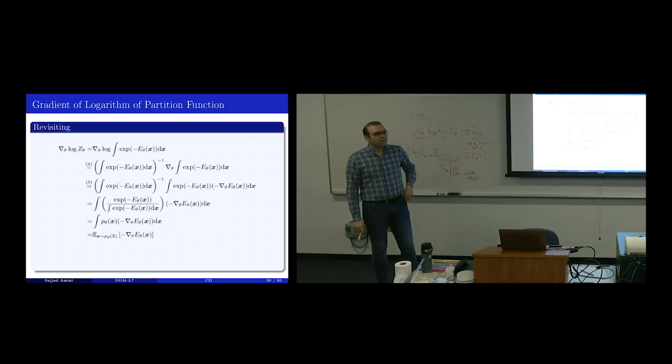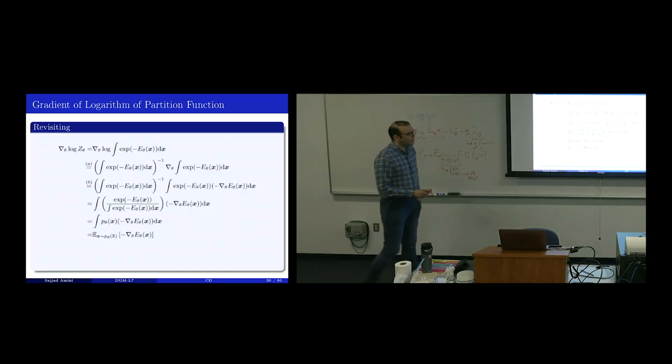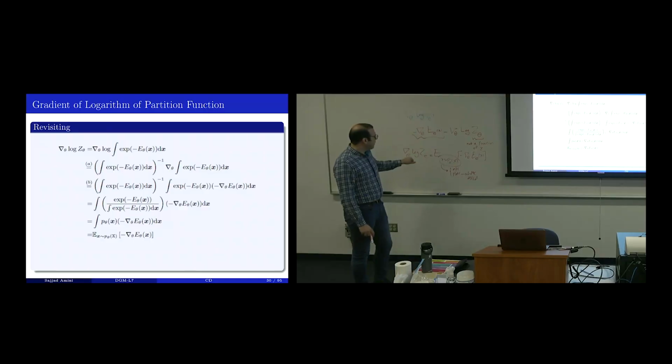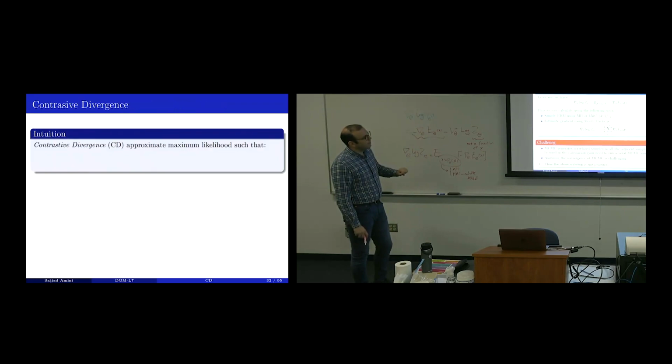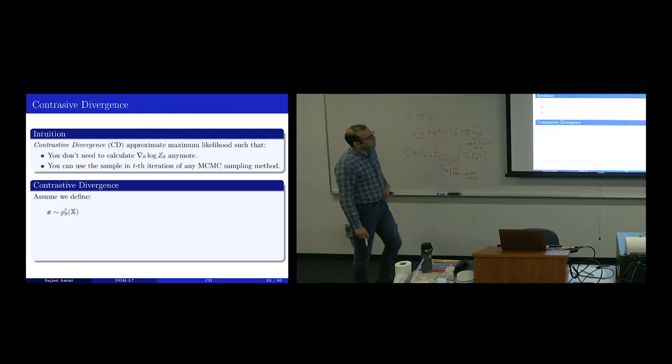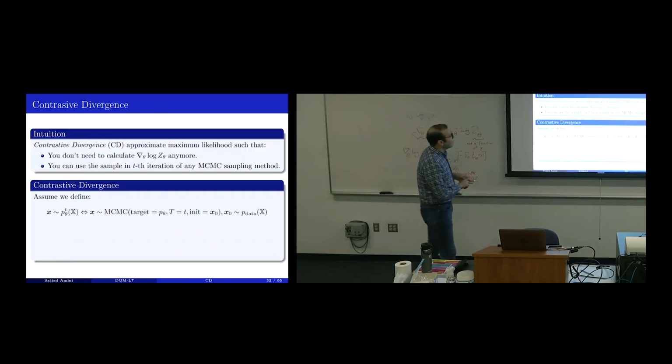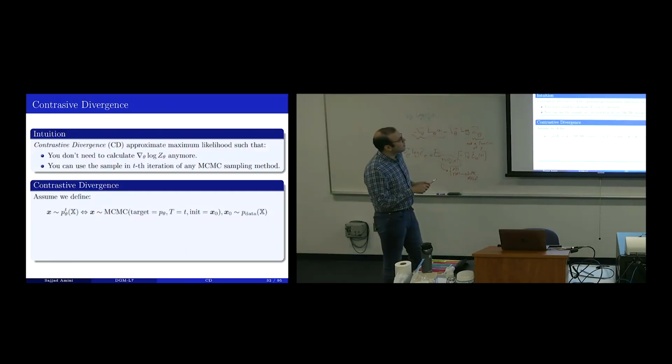Now we want to talk about contrastive divergence. Contrastive divergence is a method to mitigate this problem. We have talked about this part. In CD you will see that we do not need to calculate this gradient anymore, and you use samples coming from, for example, Metropolis testing or LMC.